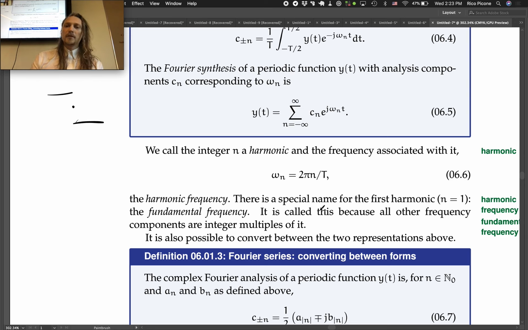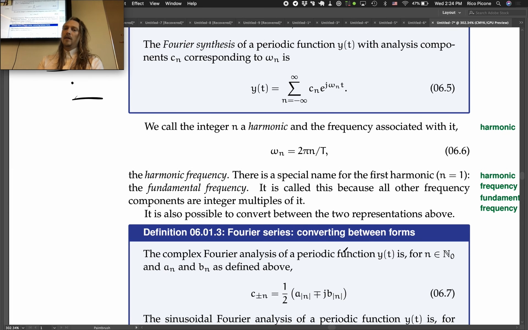There is a special name for the first harmonic called the fundamental frequency. It is called this because all other frequency components are integer multiples of it. If you keep increasing n, these are integers, and I'm going to multiply that initial one by 2, 3, 4, 5, etc.